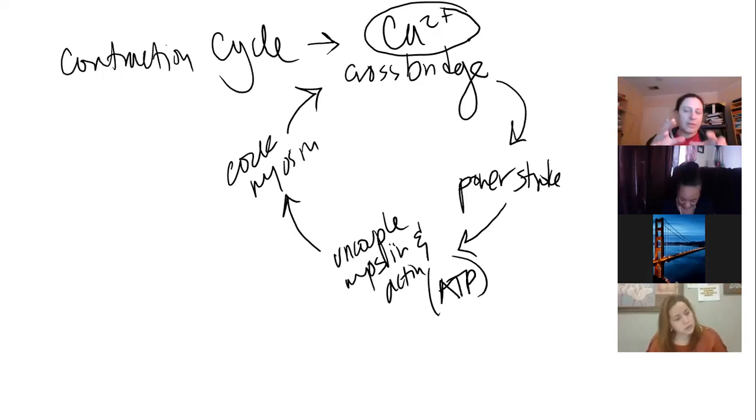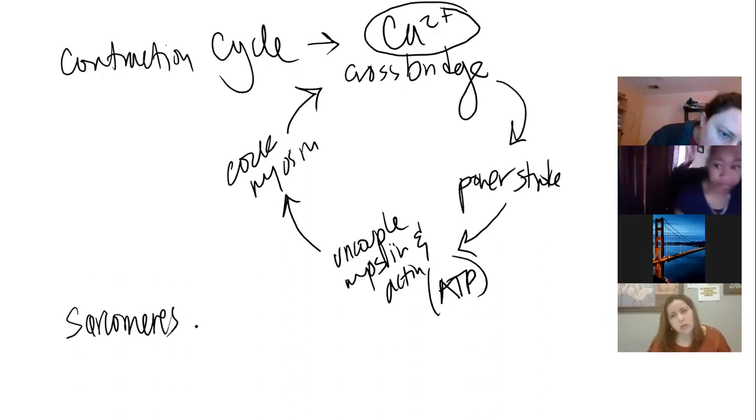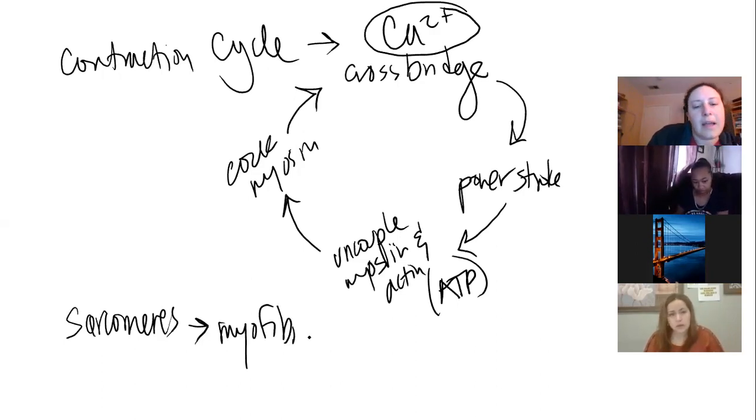So once we understand that level of physiology, like what's happening at the individual sarcomeres, we know that whatever happens to the sarcomeres is happening to the entire myofibril, and that each muscle fiber is packed full of myofibrils, right?